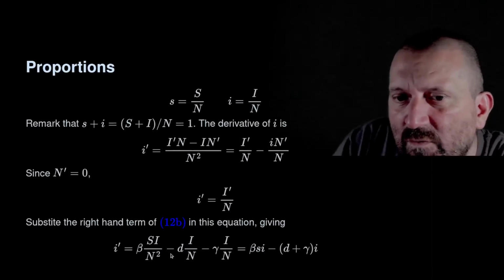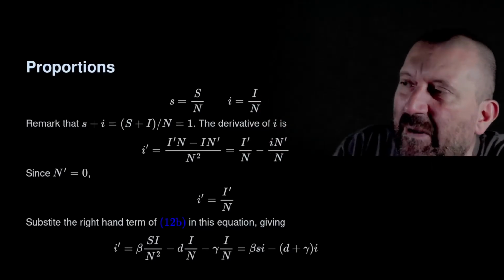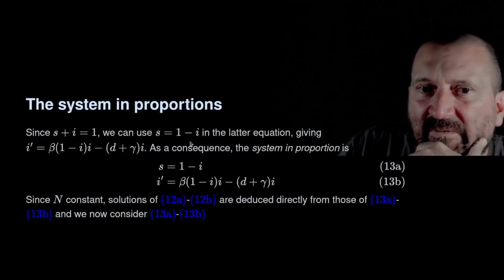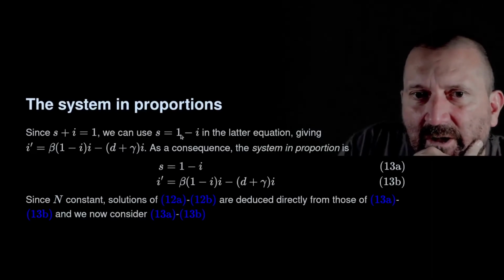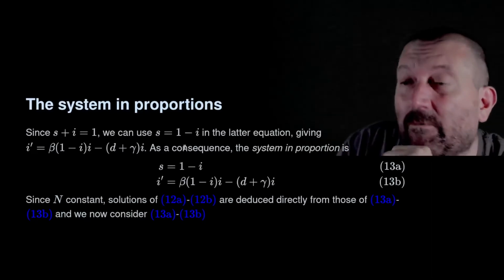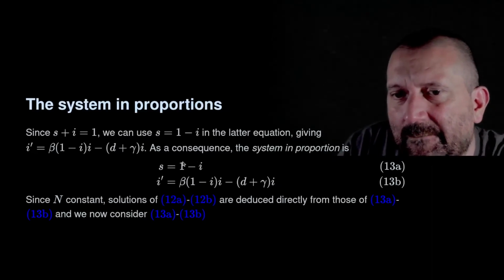So I've removed the dependence on N here. And when I look at this system in proportion, well, first of all, I can see that s is 1 minus i, so I have this system here.